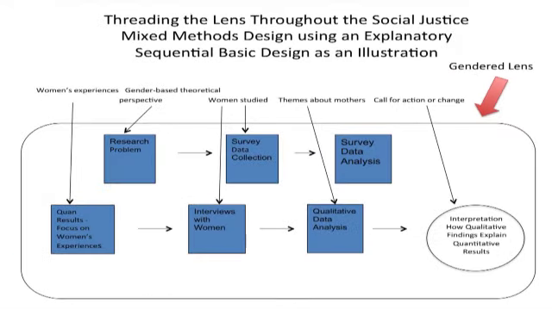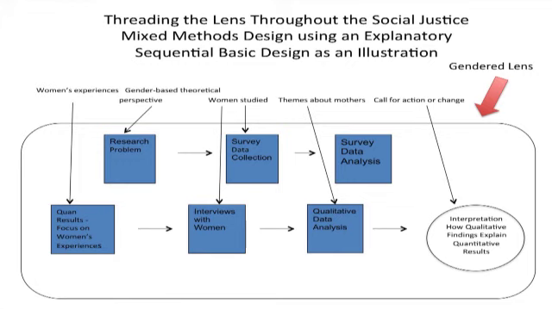So here's an example of a basic design. If you look closely at this picture, you see that the researchers collected first quantitative data and then explained those results with qualitative, an explanatory sequential design. But the entire project is framed by a social justice theoretical lens.